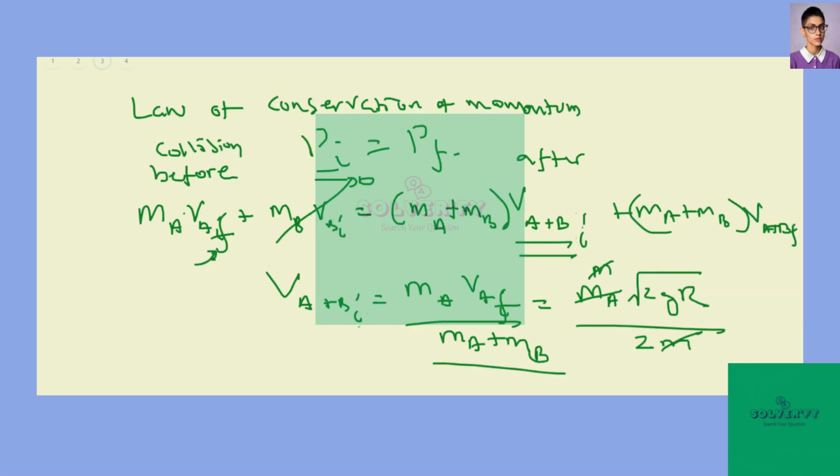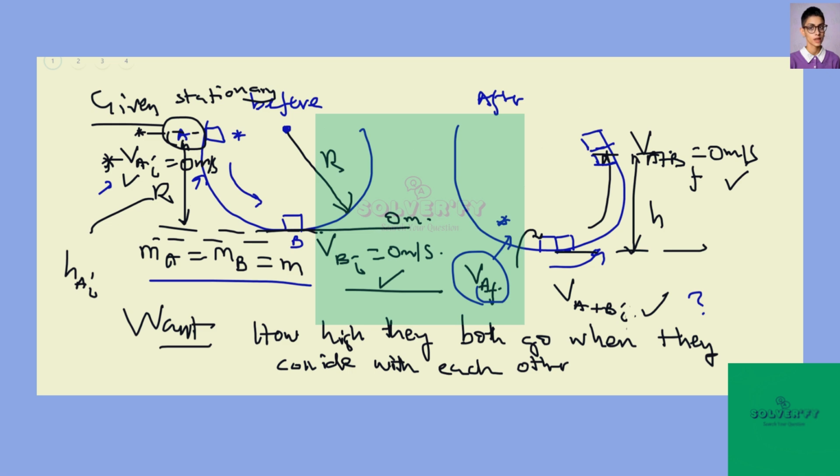And then we move on and use the law of conservation of momentum. Initial momentum of the system equals the final momentum. Initially, the total momentum of the system for A is m_A v_A final just before collision. But then the initial velocity of B is zero because it's sitting still.